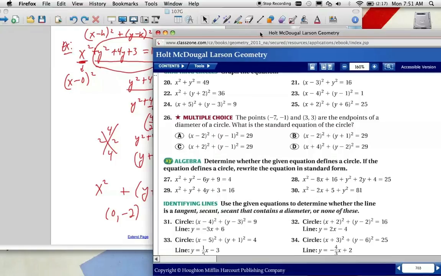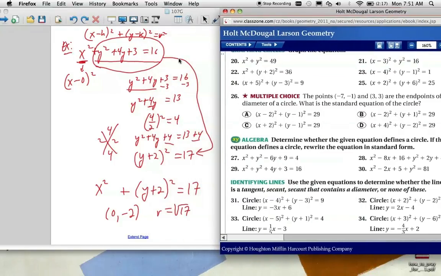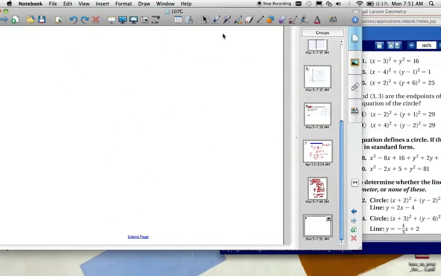So we have x squared minus 2x plus 5 plus y squared equals 81. Look, we have y squared.